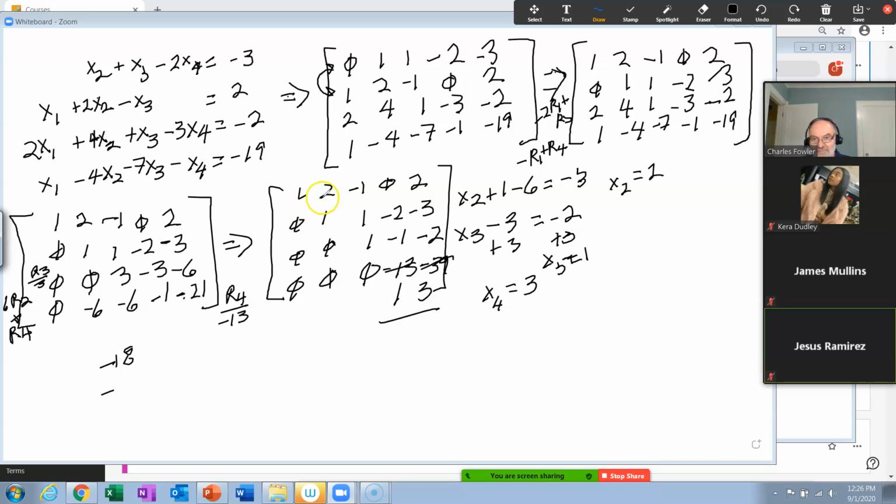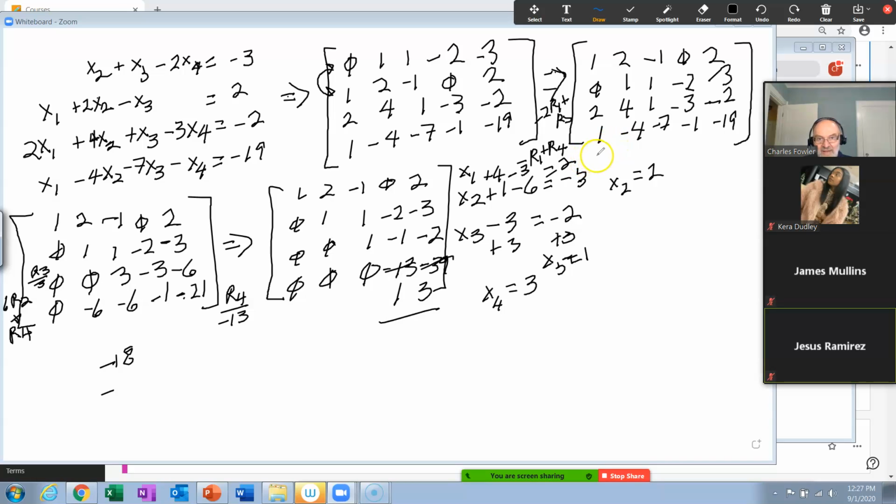Now substitute everything in here. This top row tells you x sub 1 plus 2x sub 2, so that's going to be plus 4, minus 1 times x sub 3, so that would be minus 3. Nothing times x4 is equal to 2. So this is x plus 1 is equal to 2.